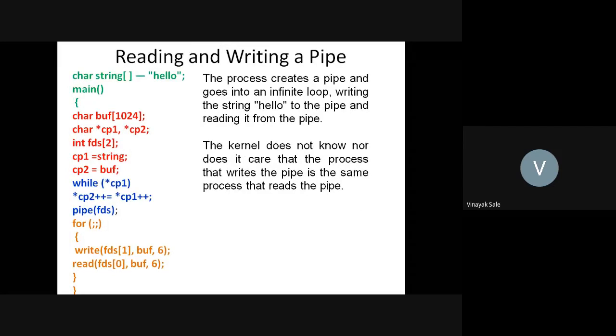See, this is the algorithm or programming code for reading and writing a pipe. So here is the character string hello. Then in the main function we have declared a buffer character array with size 1024.